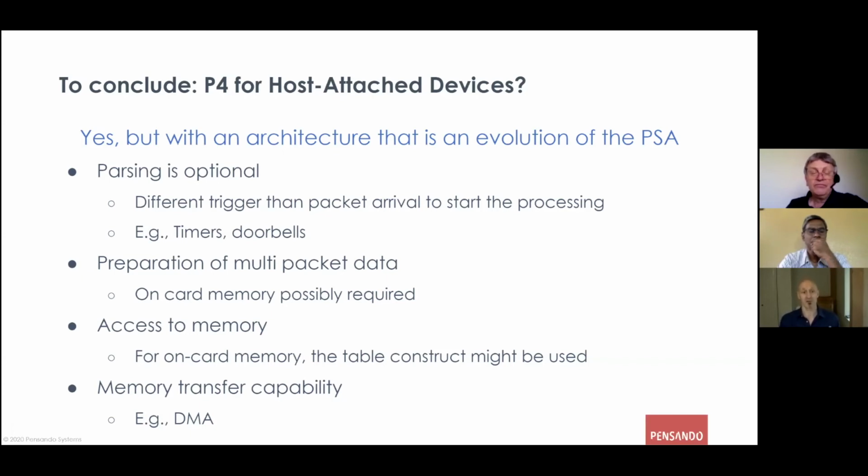We need to be able to prepare multi-packet data, like exactly the use cases that John was showing us, which means we need memory to do that, where we can put those temporary pieces of data that have arrived. And then once we have memory, even just the memory of the host, we need to be able to access it.